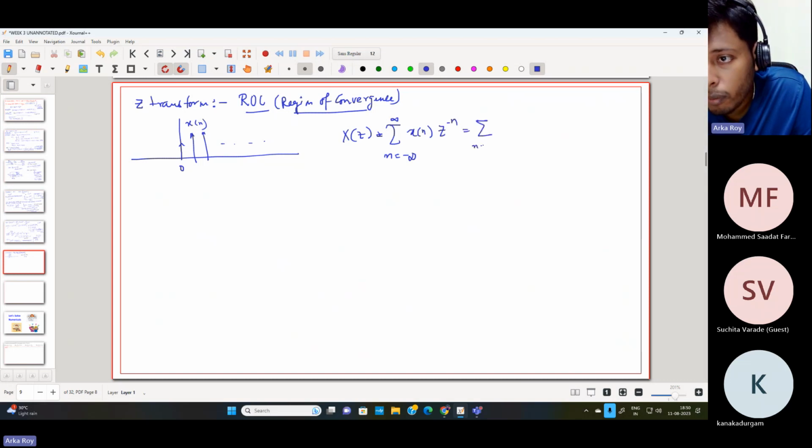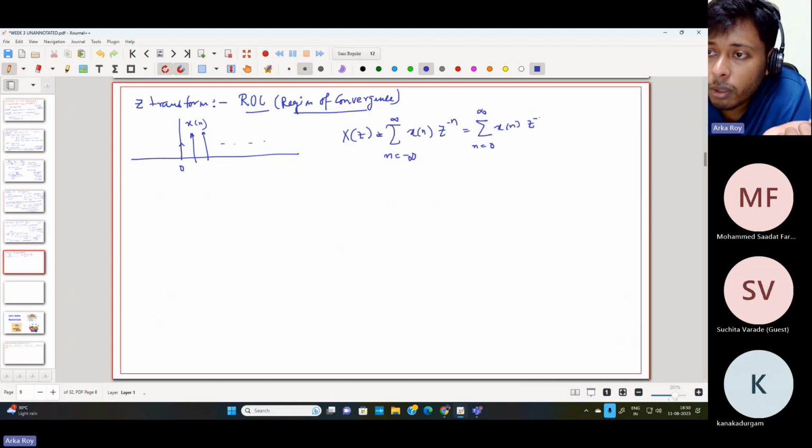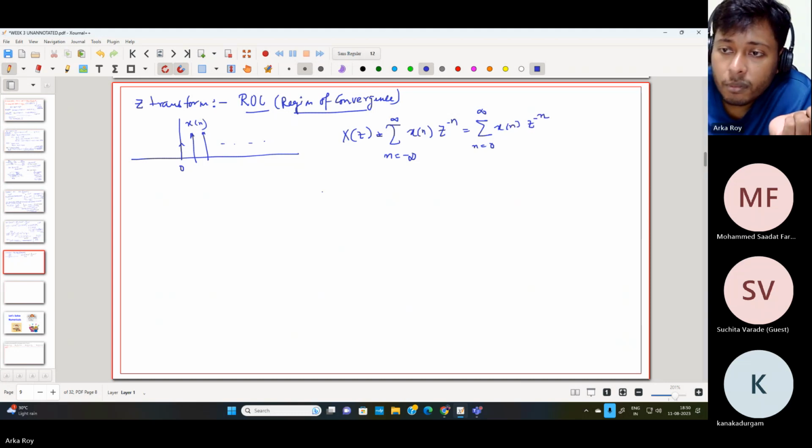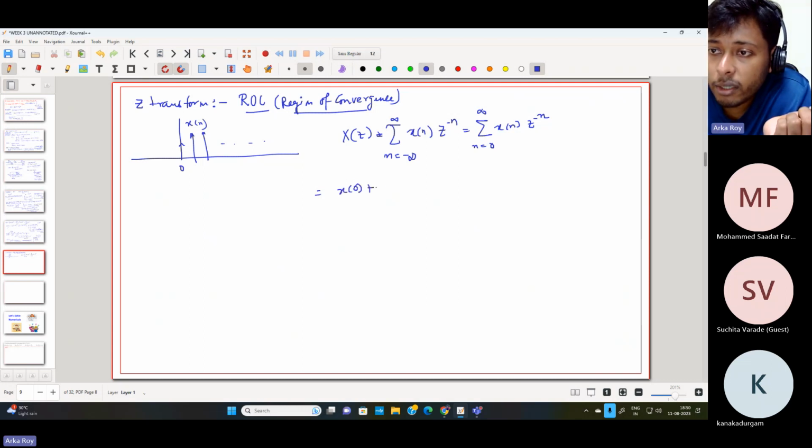Now n will vary from 0 to infinity, because we have already seen that the sequence has no component on the left-hand side. Then I can write x[0] z to the power 0, then x[1] z to the power minus 1, x[2] z to the power minus 2, likewise.